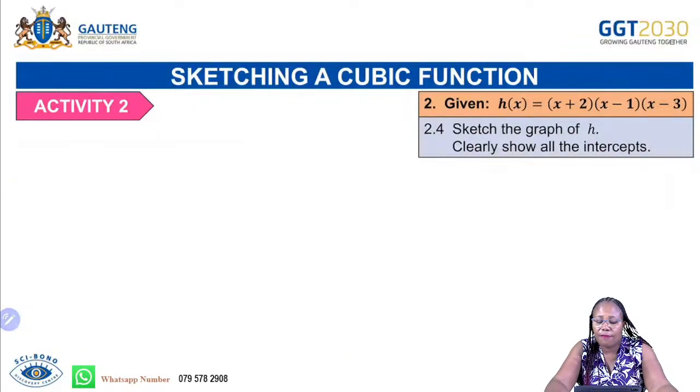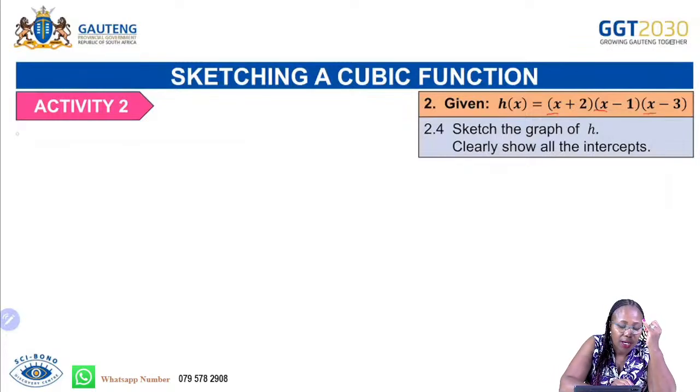Sketch the graph of h. Number 1, you must know your shape. That is very important. All your x values are positive. That means this is a positive function. A is greater than 0. Therefore, the graph is positive. So if it is positive, you are expecting a shape like that, a smooth curve like that one.